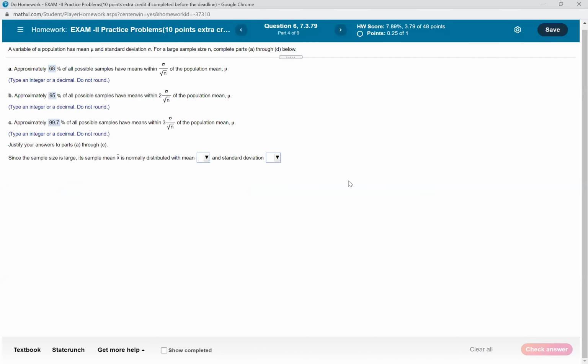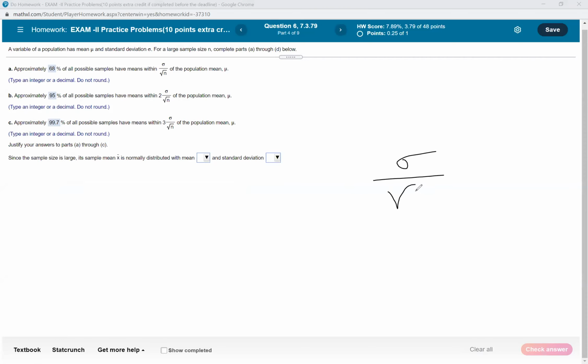So a variable of a population has mean mu and standard deviation sigma. For a large sample size n, complete pairs A through D. Okay, so approximately what percentage of all possible samples have means within sigma over square root of n?